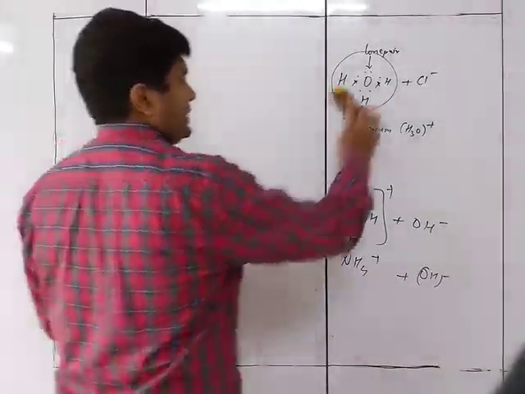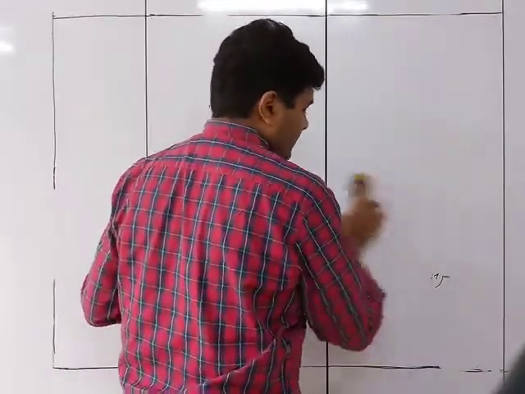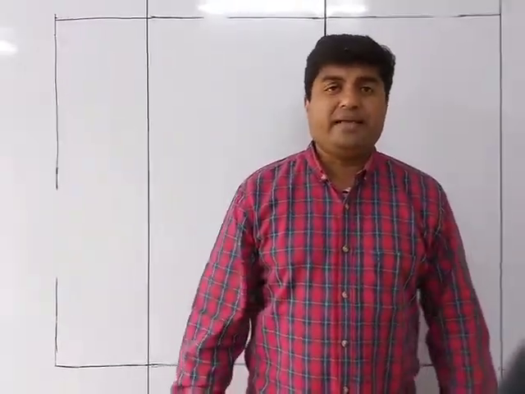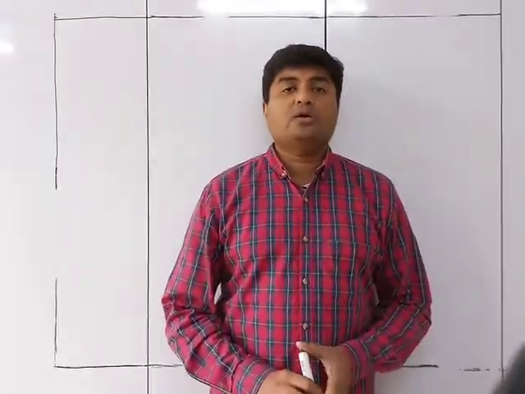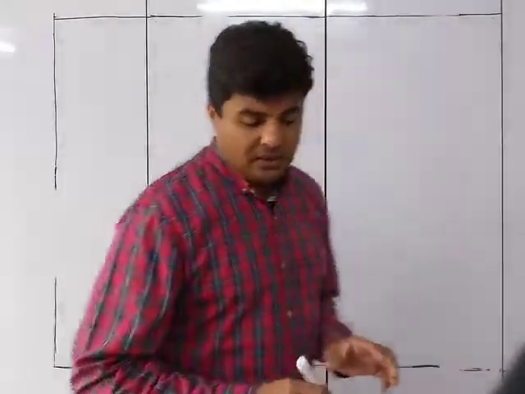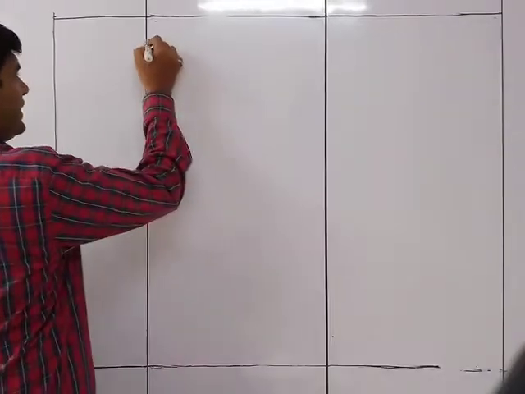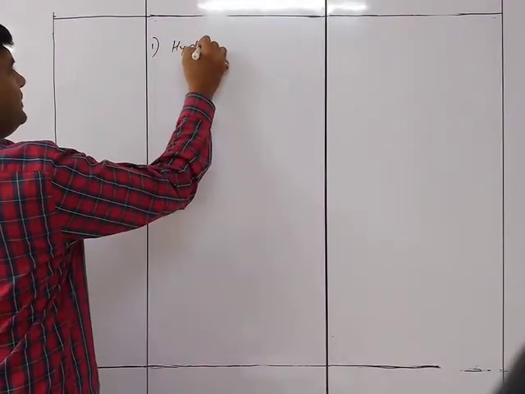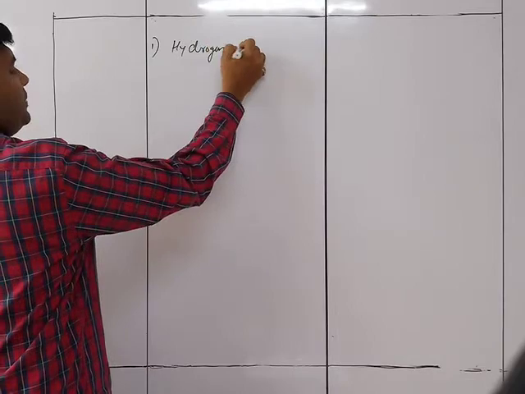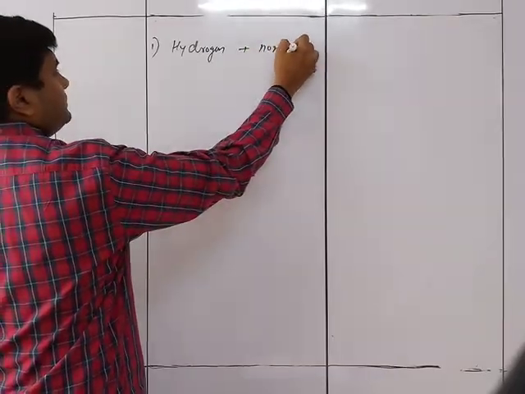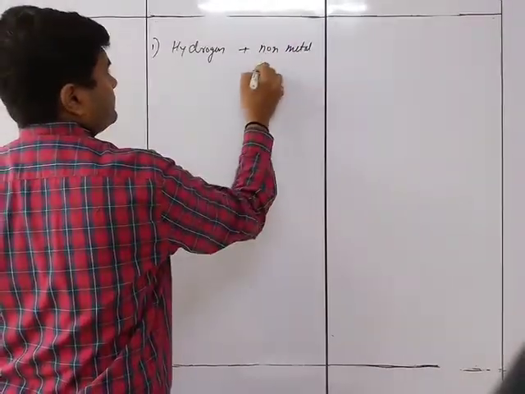First we will see the preparation of acids, and then the preparation of bases. We have been learning since the 8th standard that when non-metals react with hydrogen, or non-metallic oxides react with water, they form acid. So the first condition is hydrogen reacting with a non-metal gives you acid.